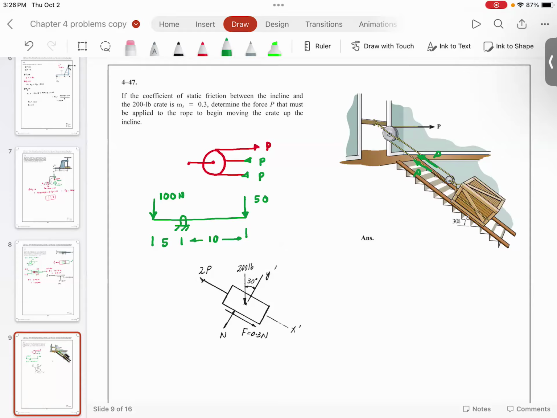Imagine if this gets tilted like this. This angle is theta. This angle is theta. If this distance is L, do you agree with me? This distance is going to be 2L.